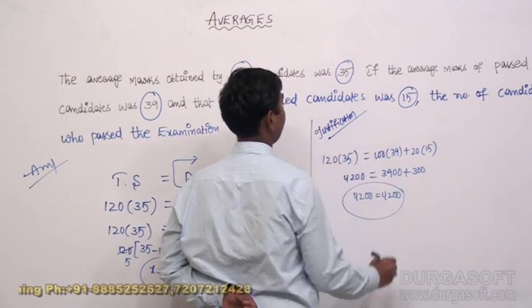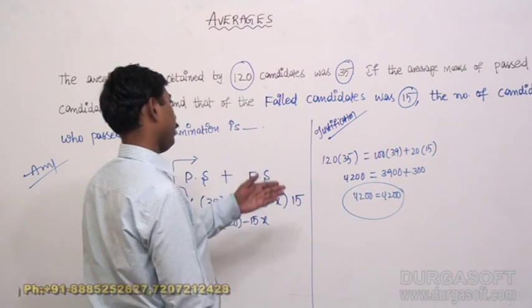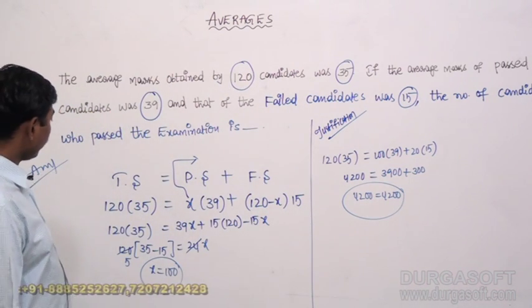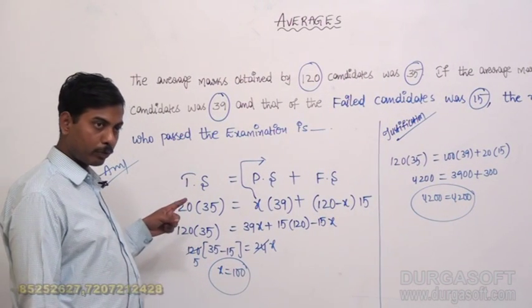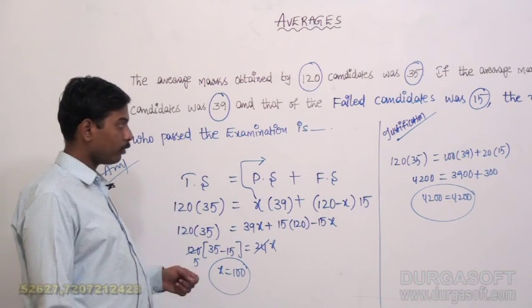That is correct. That means we have practically met that condition, and the total number of passed candidates in the examination is 100.